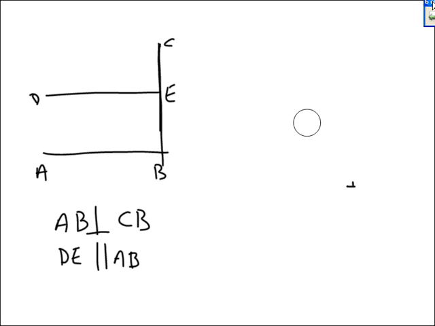Okay, so assuming they meet, conclude that DE is also perpendicular to CB. That is, this too would be a right angle.